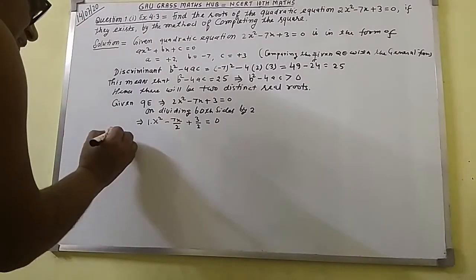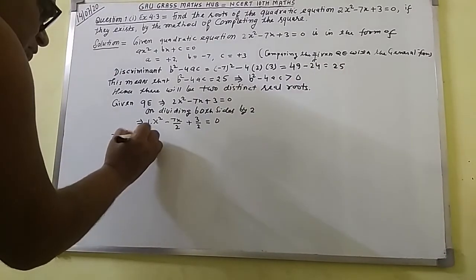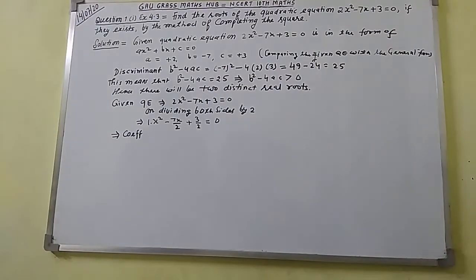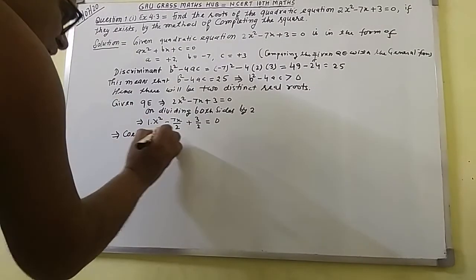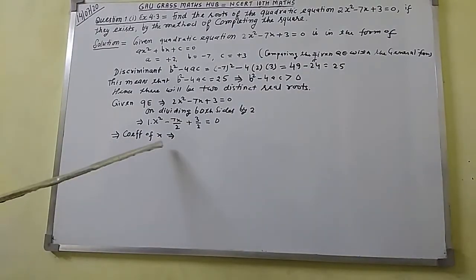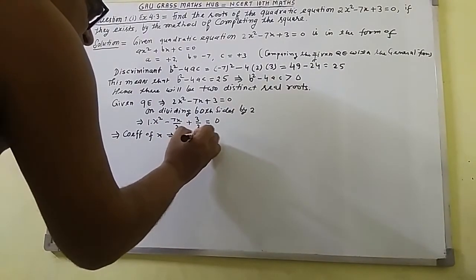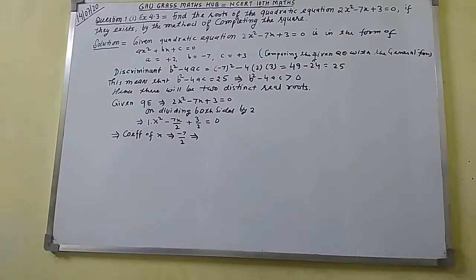So what will we do here? Here write coefficient of x, that is minus 7 over 2, implies coefficient of x is equal to minus 7 over 2.